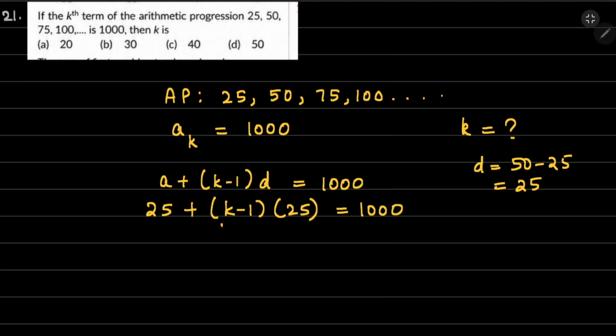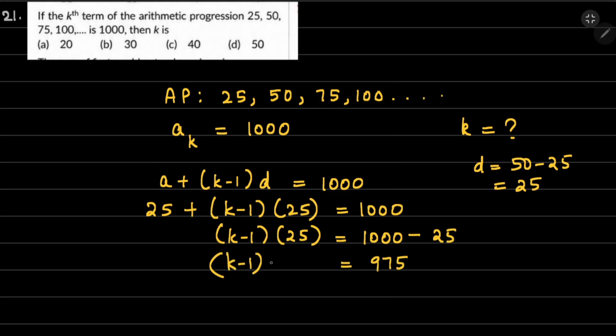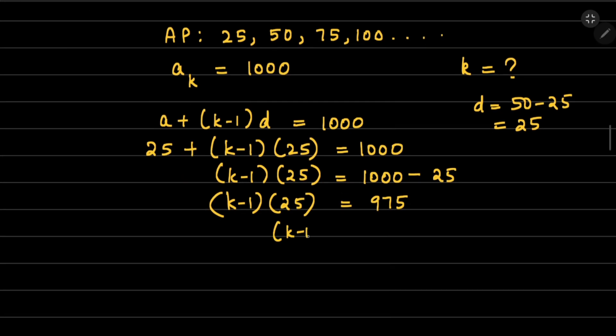Just solve it. K minus 1 into 25 is equal to 1000 minus 25, which is 975. So K minus 1 will be equal to 975 divided by 25.